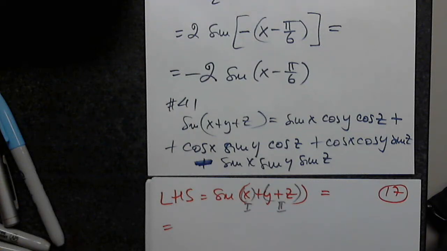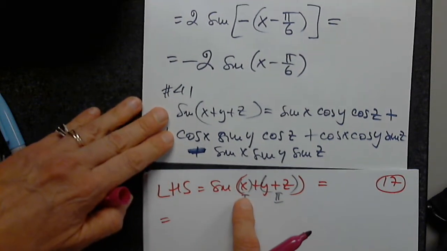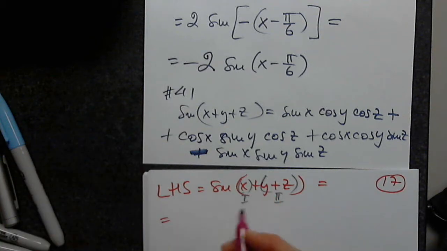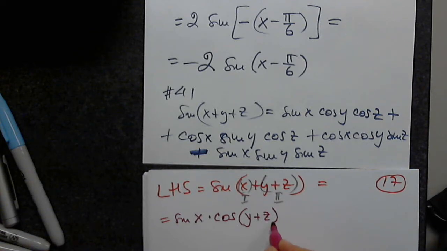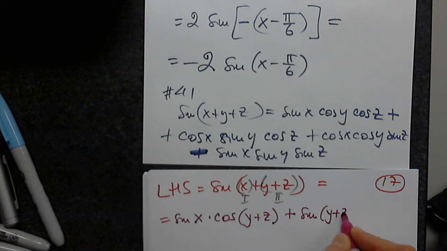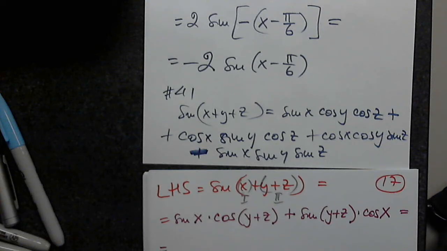So, sine of first plus second is sine first times cosine of the second plus sine of the second times cosine of the first. And now when I replace these two, I'll get all those terms.